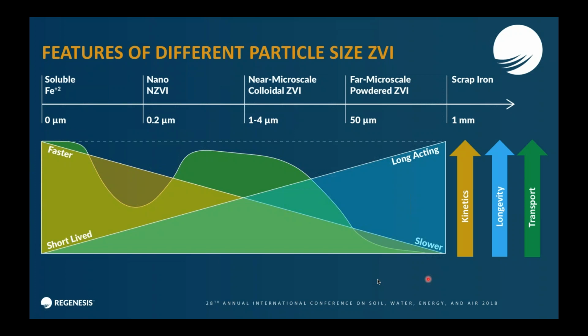Once you get bigger, maybe 6, 7 to 10 microns, you run into the problem where your particles are larger than the interconnected pore throats, the porosity in your sand, and you end up having to do fracturing or some sort of fluidization of your sand, or some disruptive process for your soil, and your distribution goes down. And if you have the larger materials such as scrap iron, generally those have to be soil mixed or trenched, which are viable methods in some cases.